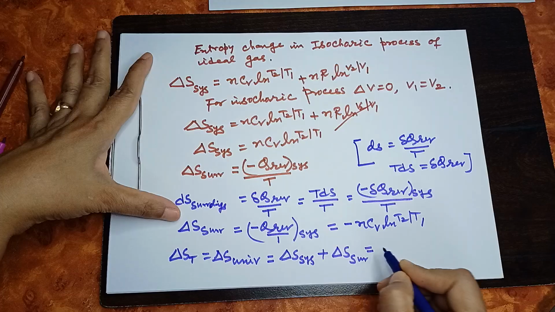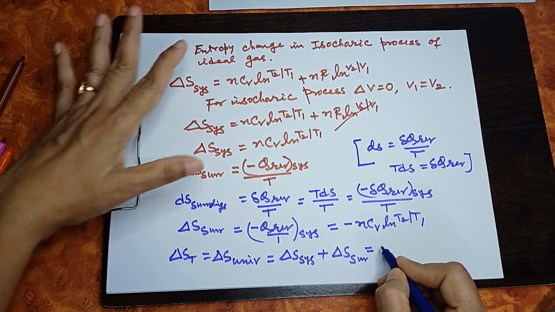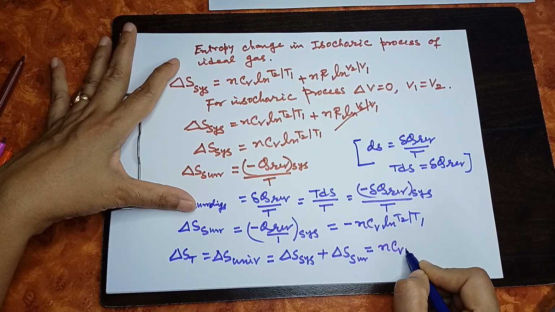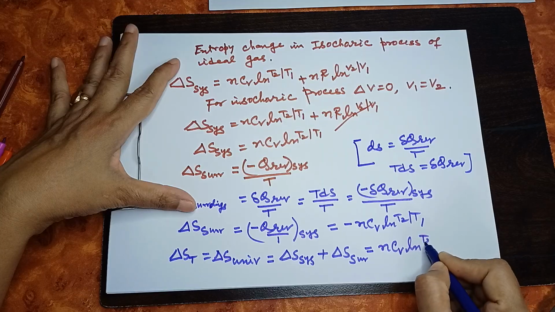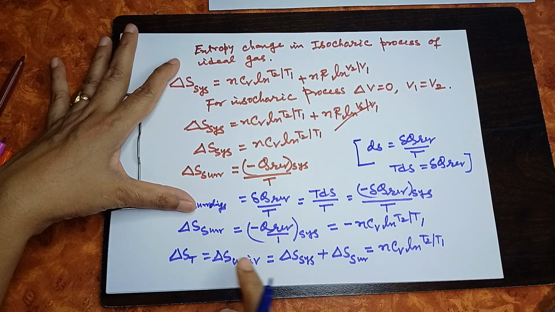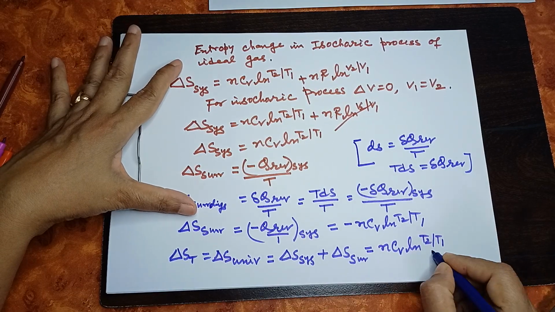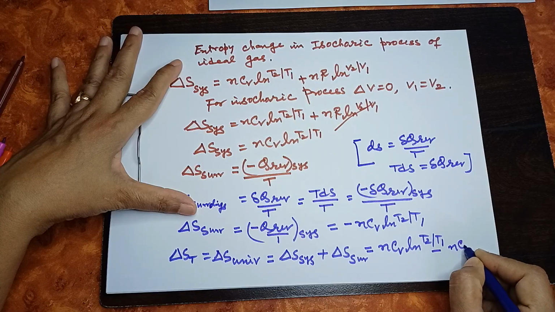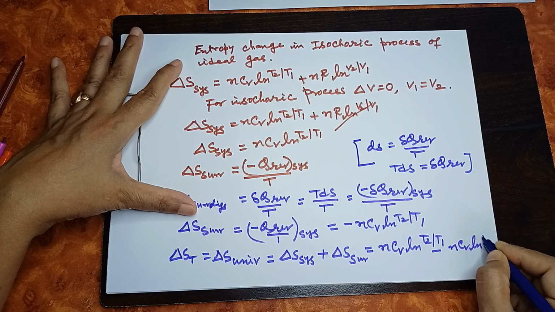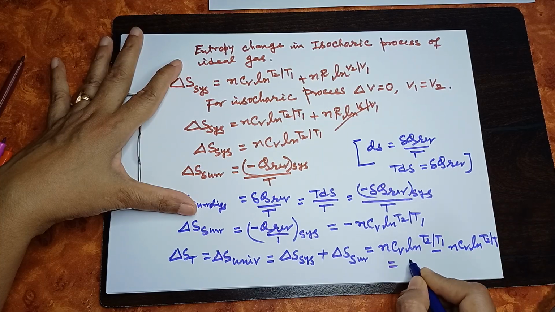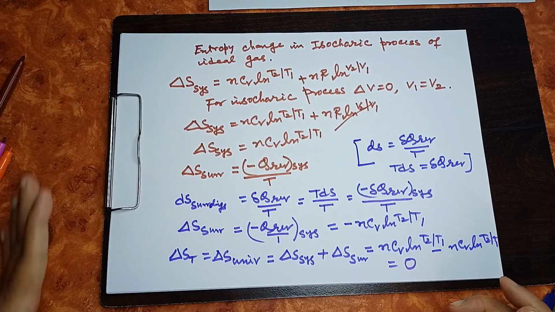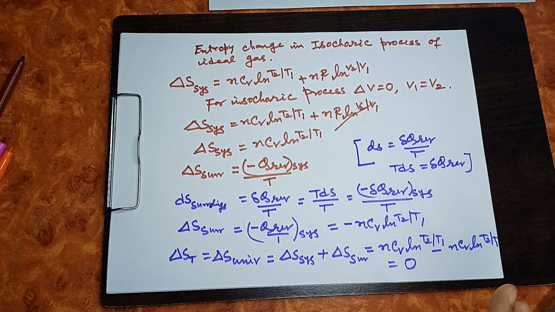Delta S system is NCV ln T2 by T1, delta S surrounding is minus NCV ln T2 by T1, and that is equal to 0. So the total entropy change of the system and surroundings is 0.